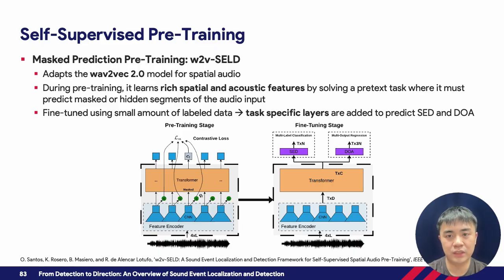In order to solve this fill-in-the-blanks task, the model is forced to learn rich, high-level representations of both acoustic content and spatial relationships. In the second stage, this powerful pre-trained model is then fine-tuned on a very small amount of labeled data, where we add the task-specific SED and DOA heads to solve the downstream SELD task.